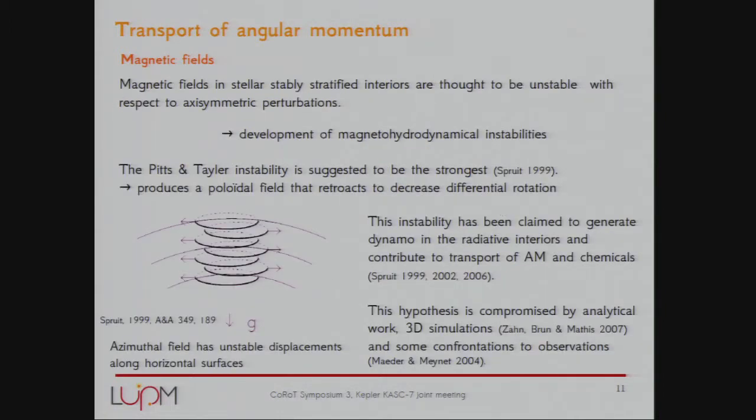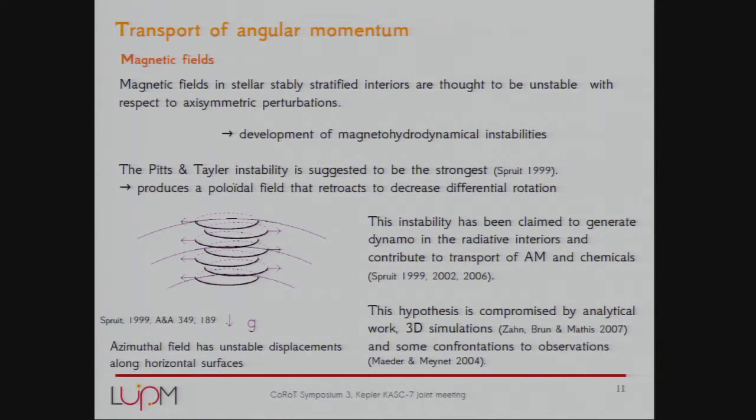There's another way to transport, not only the Lorentz torque. I was talking about the hydrodynamical instabilities, and the one that has been the most studied is the Tayler-Spruit instability. The magnetic fields in stellar stably stratified interiors can be unstable to axisymmetric perturbations, and the first instability that develops is the Tayler-Spruit one.